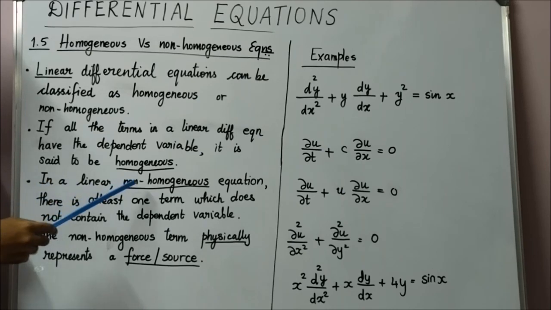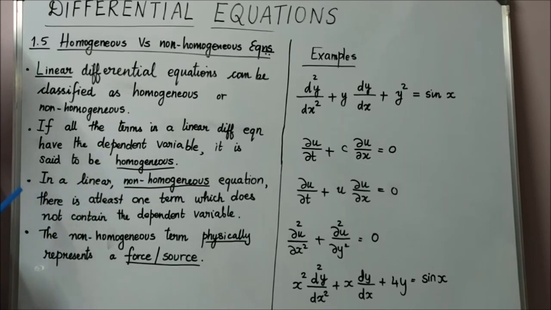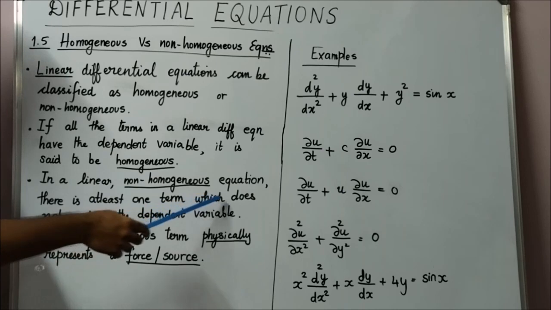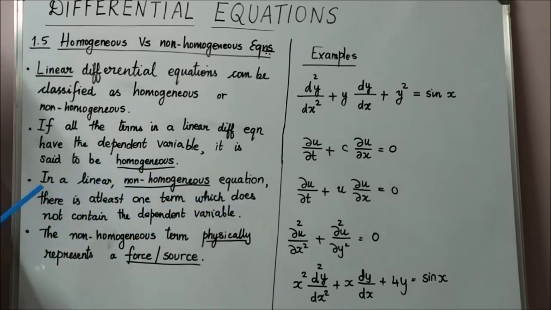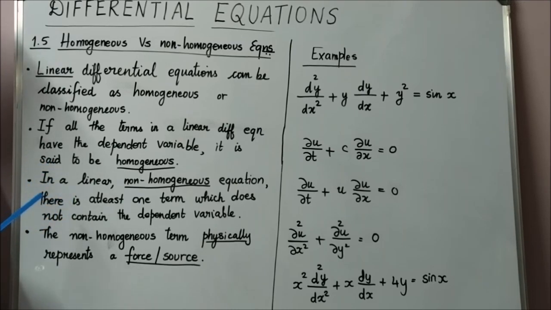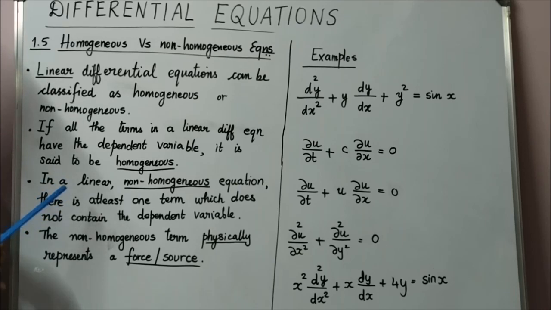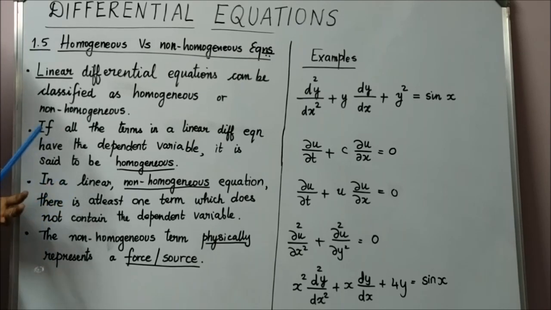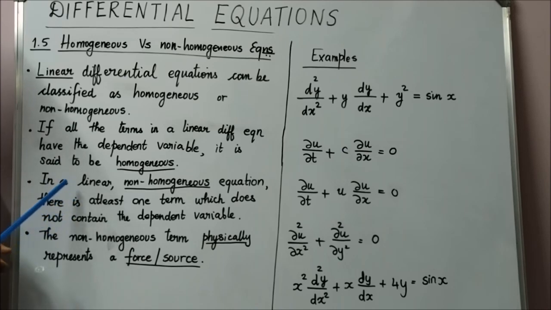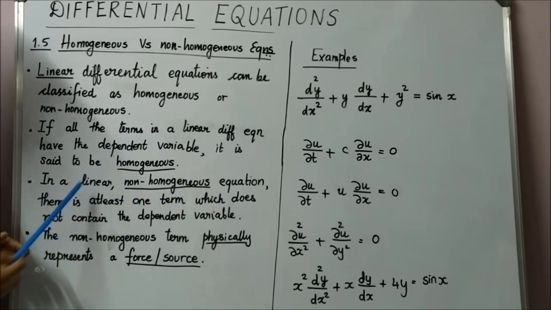In a linear non-homogeneous equation, however, there is at least one term which does not contain the dependent variable. So it is either made up fully of independent variables or it could be a constant term also. But the term does not have the dependent variable. Such terms are called non-homogeneous terms, and if an equation has these terms, then the equation is said to be non-homogeneous.